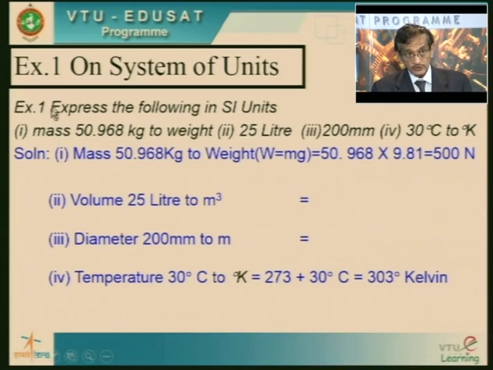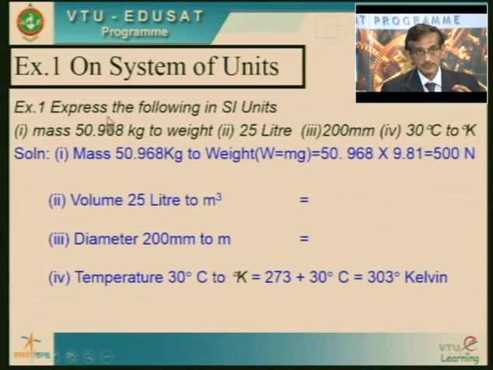In the first question, the first value is mass, 50.968 kg, to weight. He is asking, mass is given, I need to convert it to weight. Second one is 25 liters of, maybe milk, maybe water, whatever it is. Number 3, a diameter or length is given, 200 mm, and fourth is 30 degrees centigrade to Kelvin.